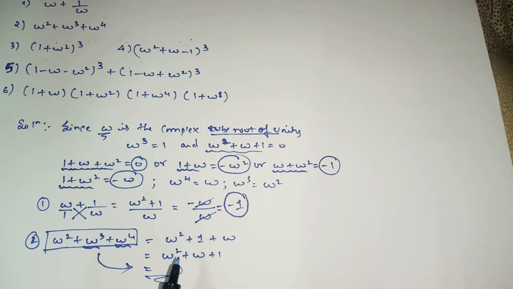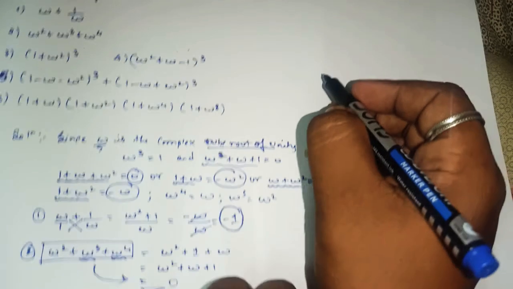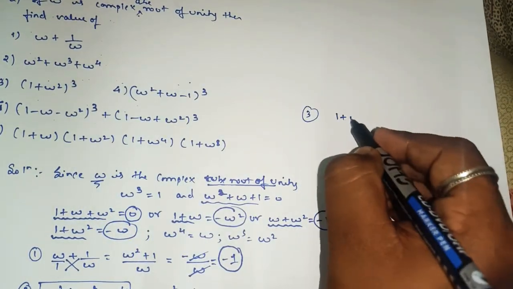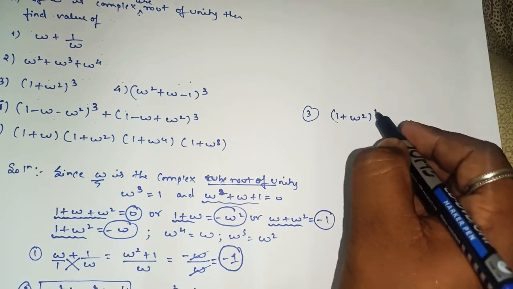We know that w square plus w plus 1 is equal to 0. So here we got the answer for the second sum also. So let's move on to the third one. The third one is 1 plus w square the whole cube.